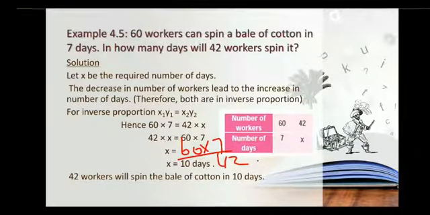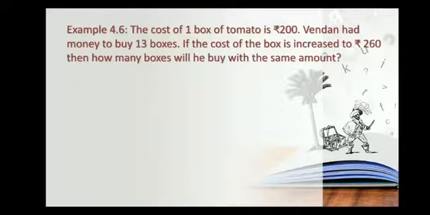Okay, now we'll move to the second example. Example 4.6. The cost of 1 box of tomato is 200 rupees. The vendor had money to buy 13 boxes. If the cost of a box is increased to 260 rupees, then how many boxes will he buy with the same amount?